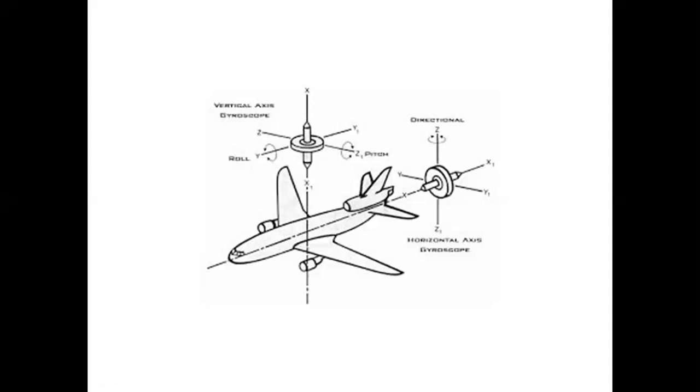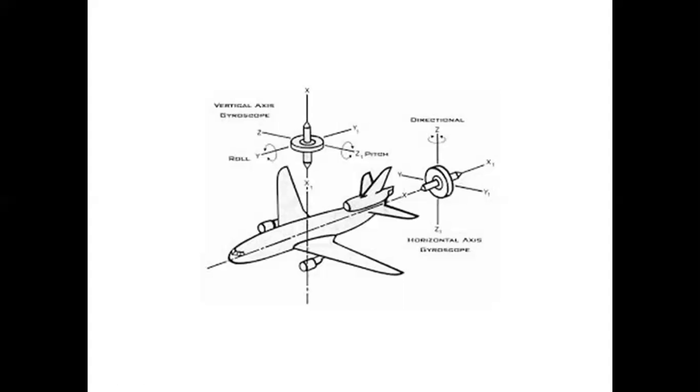Now how to find whether its nose will be raised or its tail will be raised? For that we will apply the right hand rule. First we will take the right hand, the thumb will be pointed towards the direction of the spin axis and the fingers are curled in the direction of spin. If the aeroplane is taking a right turn, the right hand is turned by 90 degrees about the y axis along the right side.